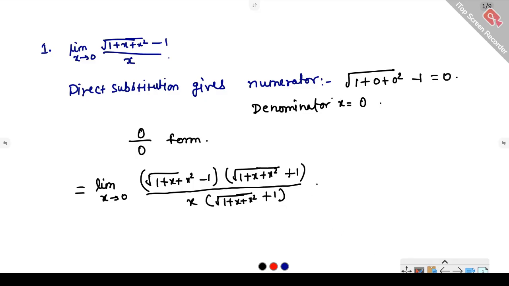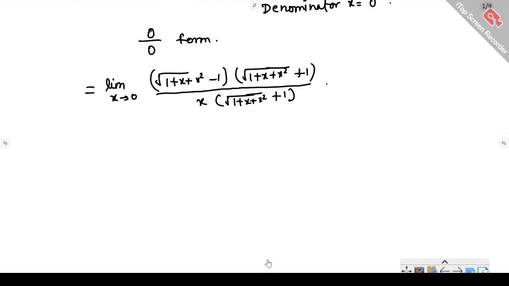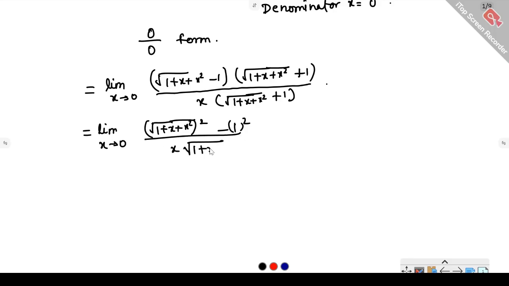Now we can write this as limit x tends to 0, under root 1 plus x square whole square minus 1 square over x times under root 1 plus x square plus 1.